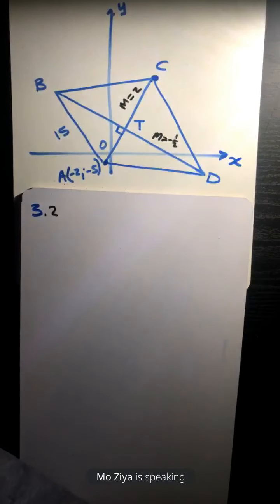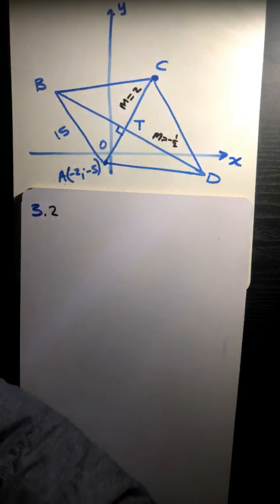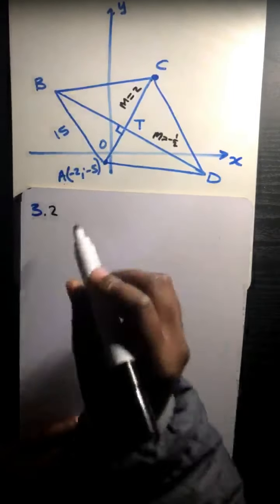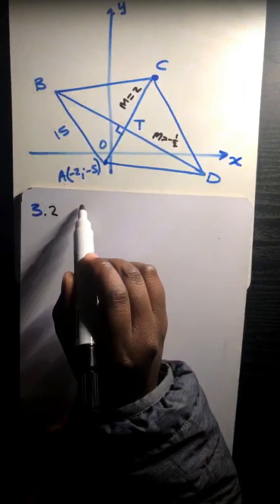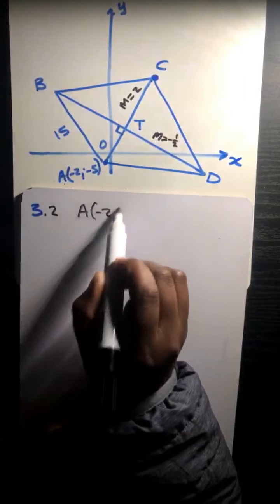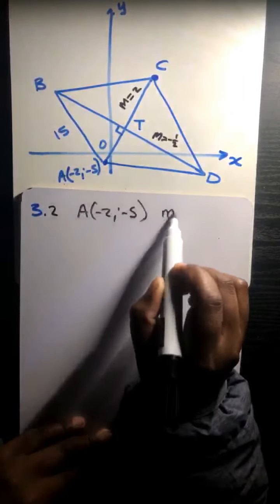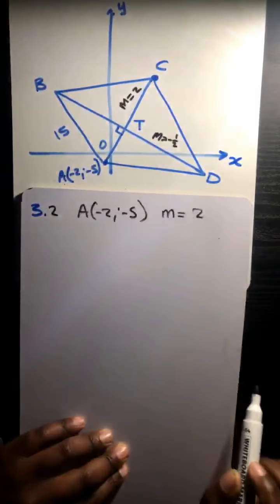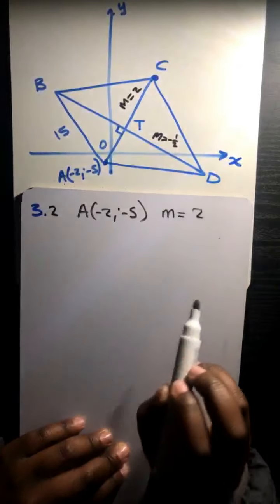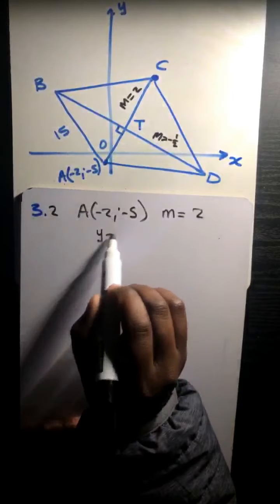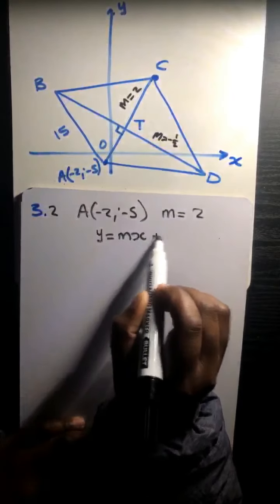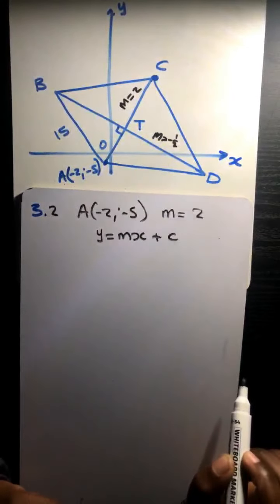We can use that equation of y is equals to mx plus c. So can you see, guys? We do have 2 things, and we have a point being -2 and -5, and again we have the gradient being equals to 2. For as long as we have 2 things, then we can, in the form of y is equals to mx plus c, determine an equation.